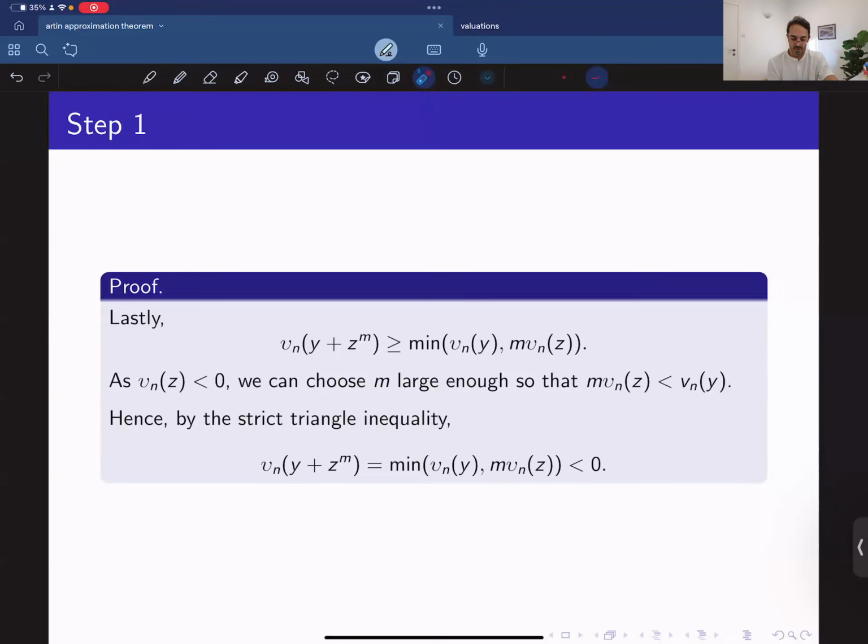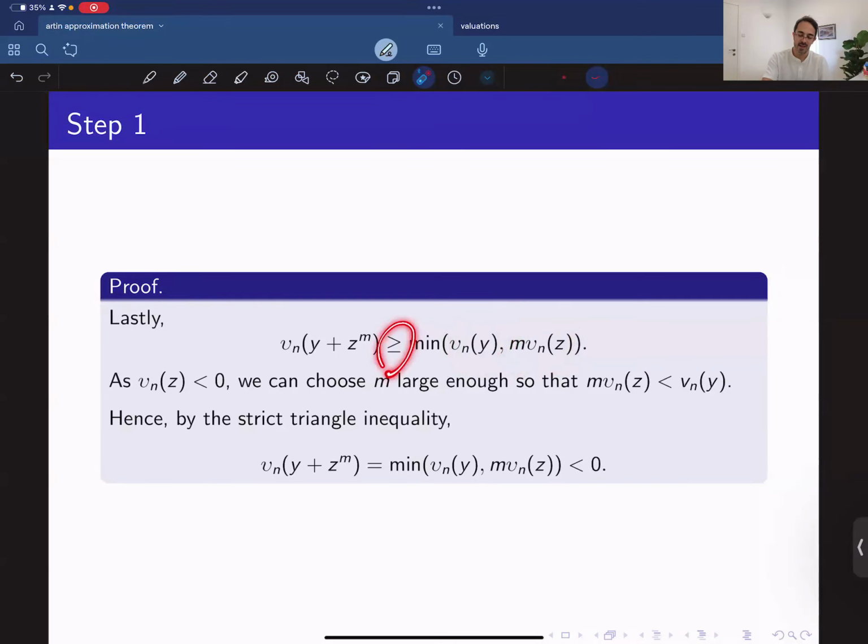And because of that, I'm going to add another constraint about m. Because this is strictly smaller than 0, by taking m large enough, we can make this value smaller than all of these values. These are just fixed values as far as m is concerned. So we can choose m large enough, on top of the previous constraints, to make this strictly smaller than that.